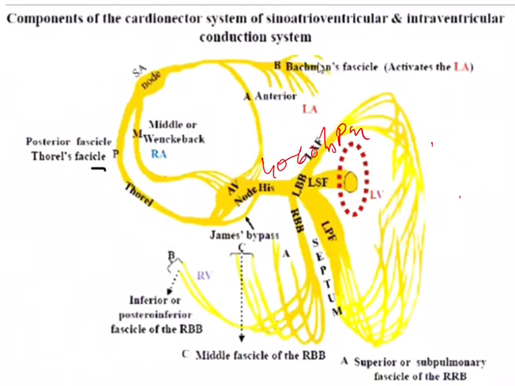And if the AV node is also non-functional, then the bundle of His or the Purkinje system takes the responsibility of firing, and the heart beats at the rate of 20 to 40 beats per minute.